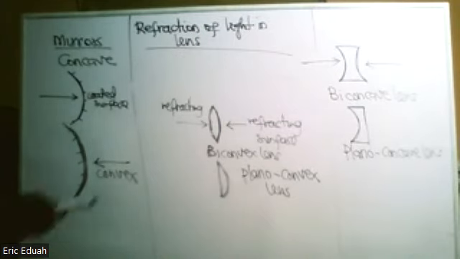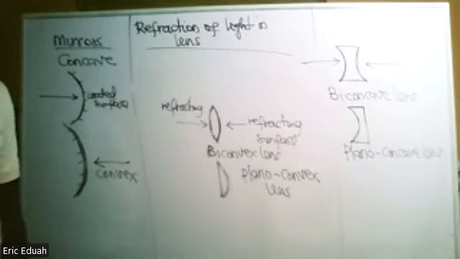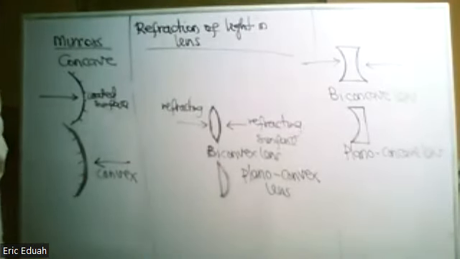Now, convex lenses are also known as converging lenses.